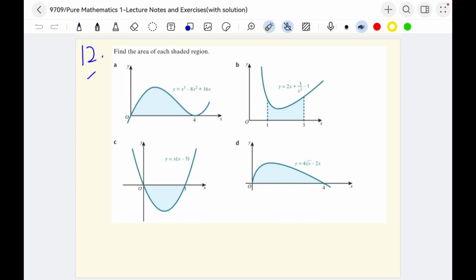The reason we need to consider the plus c is because of the boundaries, and we can't know where it is located unless the boundaries are given to you.